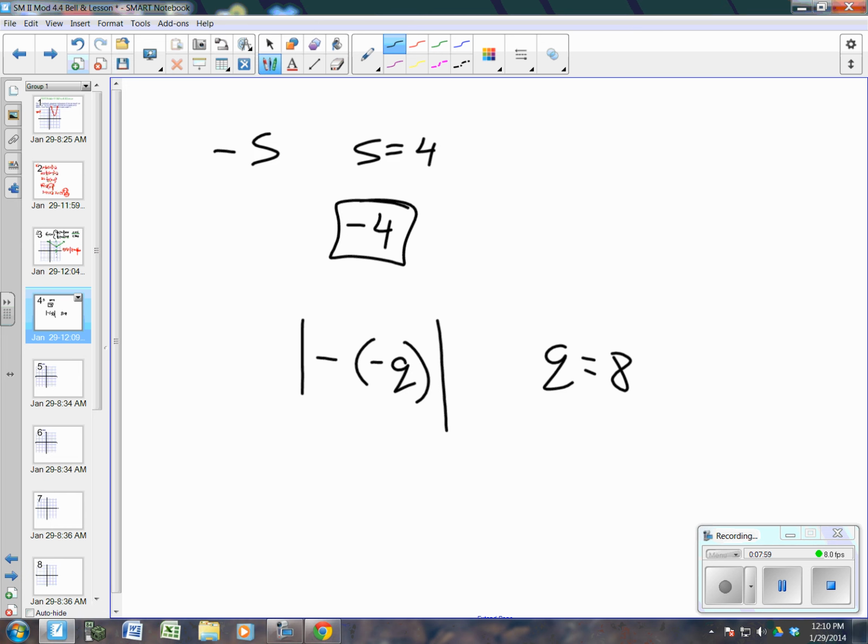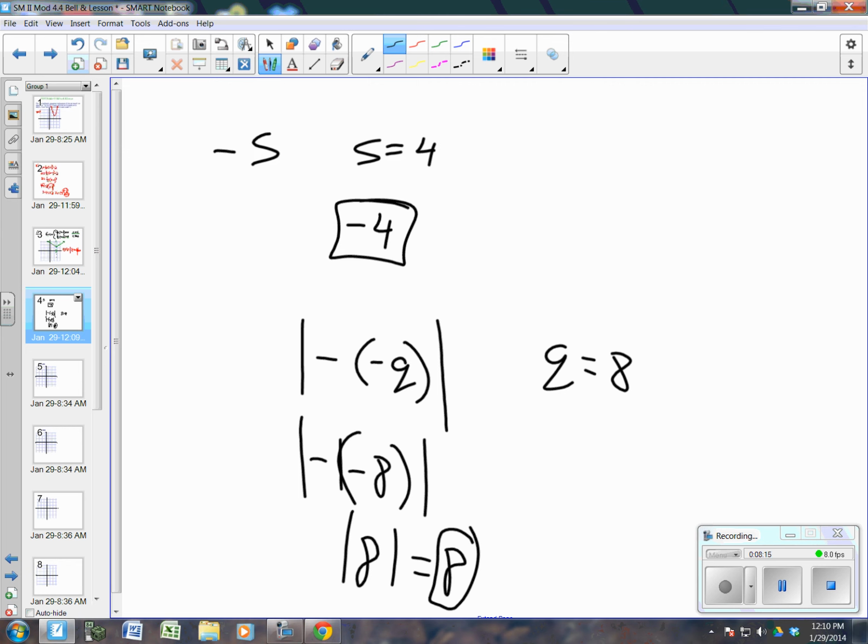Well, if you just start on the inside, if I replace q with 8, that's a negative 8, right? And it has parentheses around it. I times it by a negative, it becomes a positive 8, right? Yeah. And then you got to take the absolute value of it, which is going to make it a positive no matter what. So no matter what, it's going to be a positive 8. Do you kind of get that? You got to follow the logic. Now, what if there's negative?